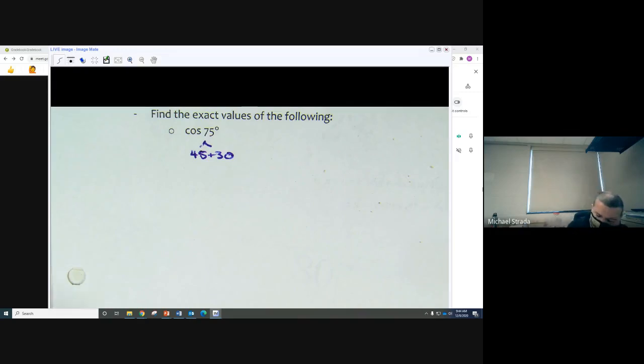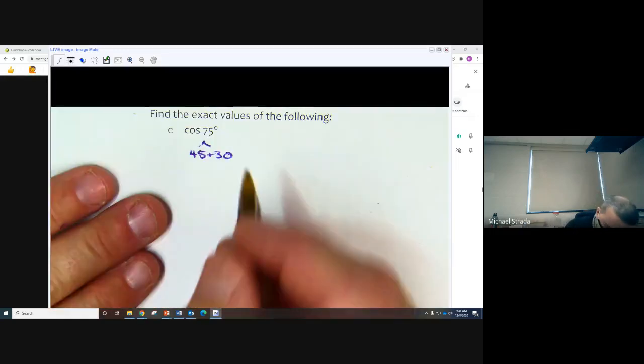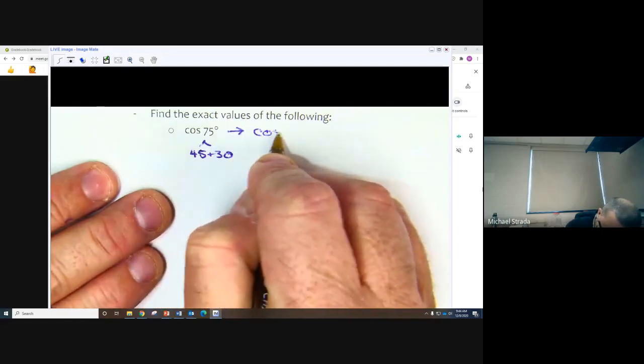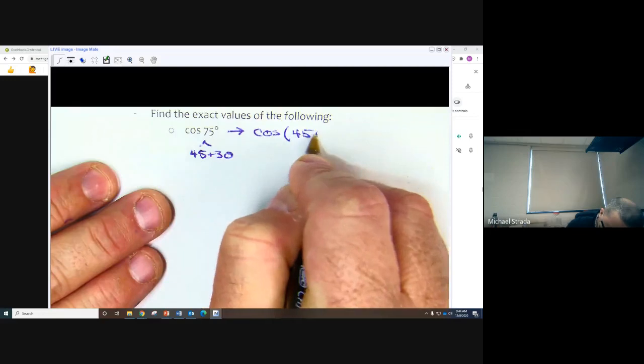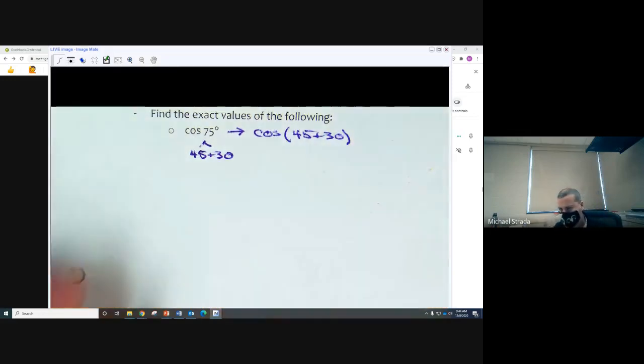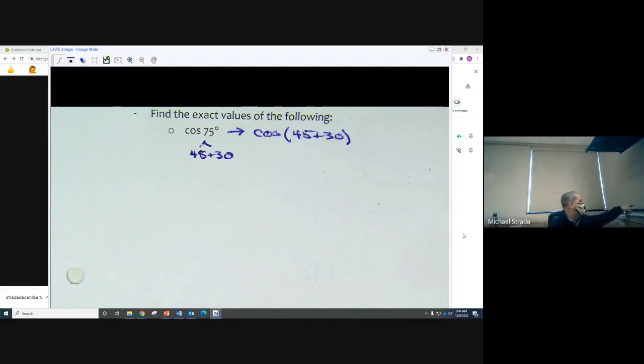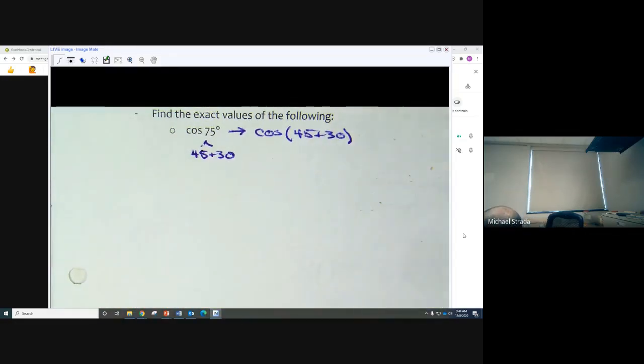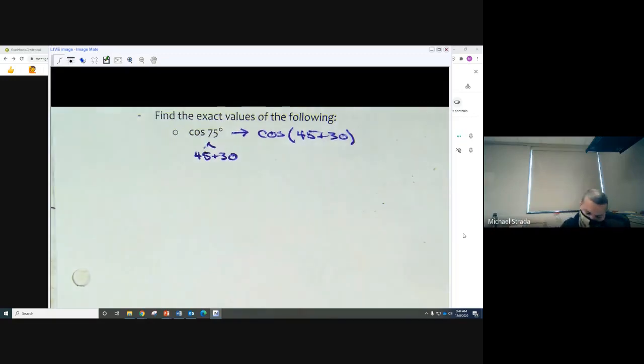All right. So when you do these and you'll get an assignment, all I would expect you to do, this is your choice, is 75 is cosine of 45 plus 30. Then all you do is you look at the notes you just wrote down and you go, okay, the cosine plus says multiply their cosines together.